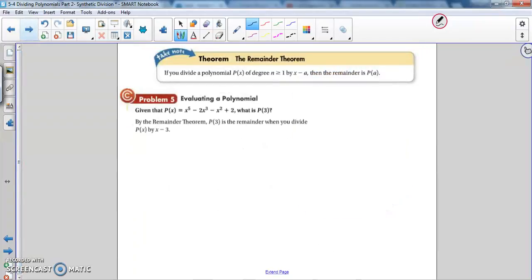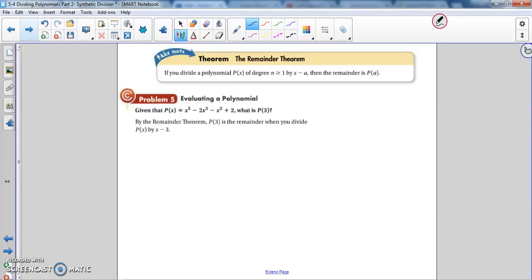So the remainder theorem: if you divide a polynomial of a degree that is greater than 1 by a linear term, x minus a, then the remainder is the polynomial evaluated at a.